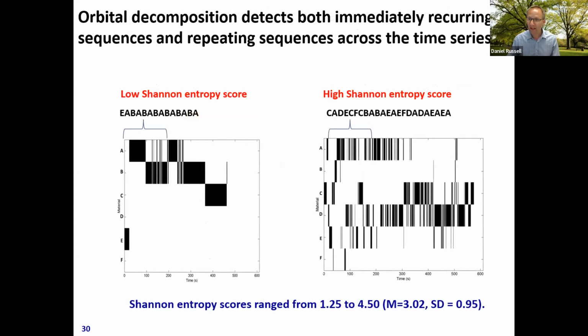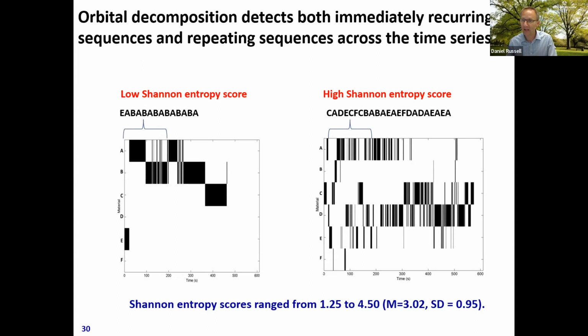One of the variables it computes is Shannon entropy. And we can see that on the left-hand side for the plot that I've already shown you. This is a low Shannon entropy score, in fact the lowest of anyone in the whole study. So it's a fairly simplistic pattern that this person is doing.